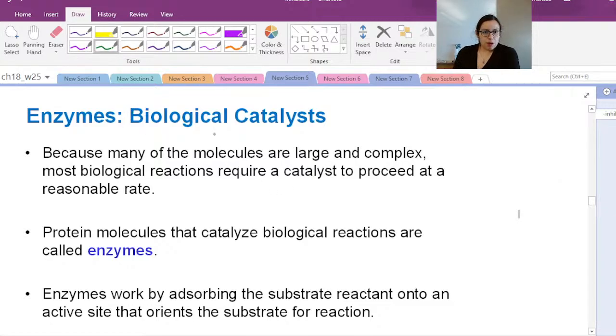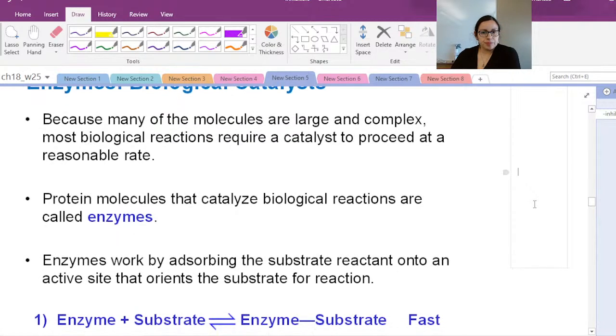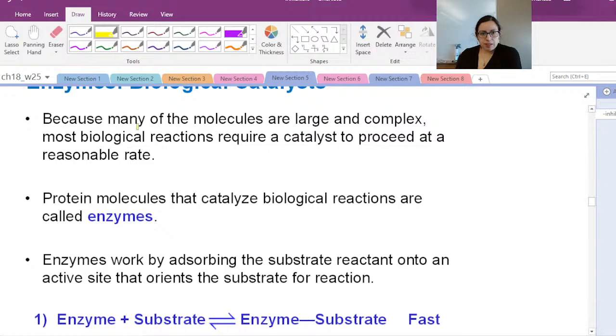And so, of course, we have our biological catalysts. We looked at urease in our lab last week. Obviously, many of our molecules are large and complex, so we have to have catalysts to break them down.